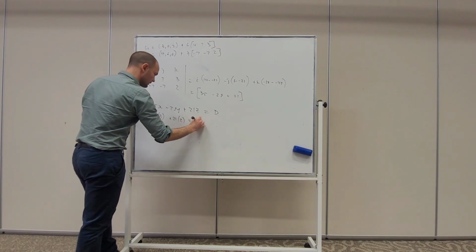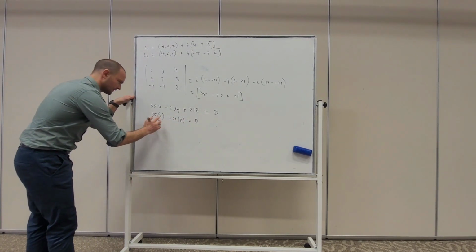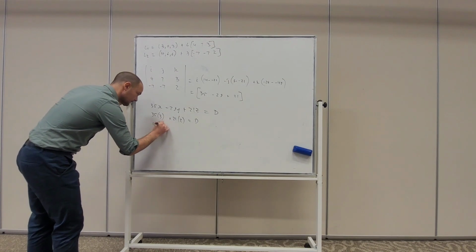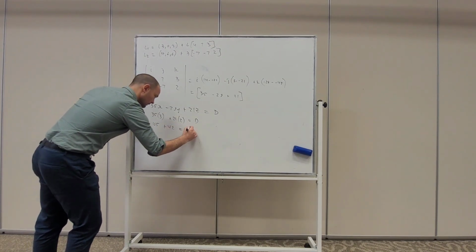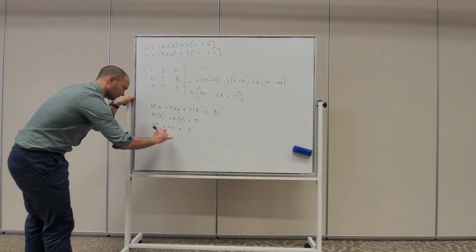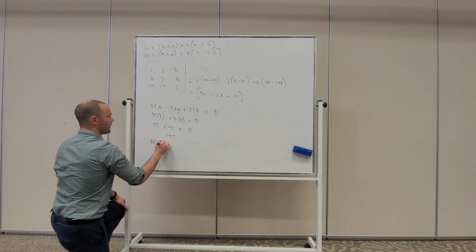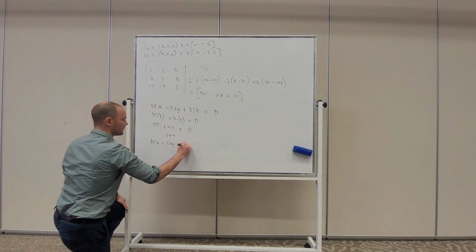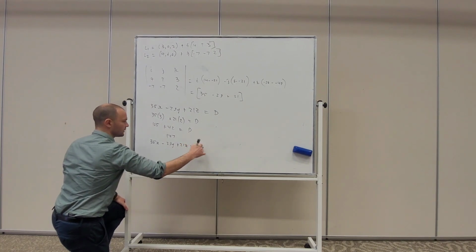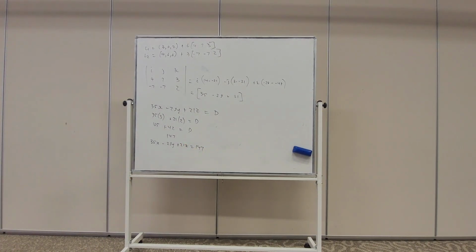And evaluate that, so that's 105 plus 42, and that's 147. So the equation of the plane then, 35x, take 29y plus 21z equals 147. That is the equation of the plane.